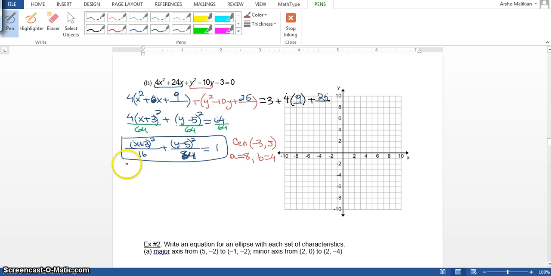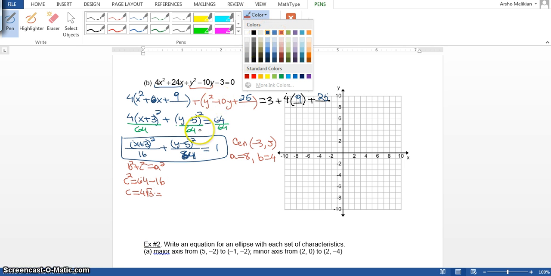C then, because b squared plus c squared is equal to a squared, c squared will be a squared minus b squared, so it'll be 64 minus 16. So c is, when you do the math, root 48, which is 4 root 3, which is how much in decimal? Okay. 6.9. 6.9?